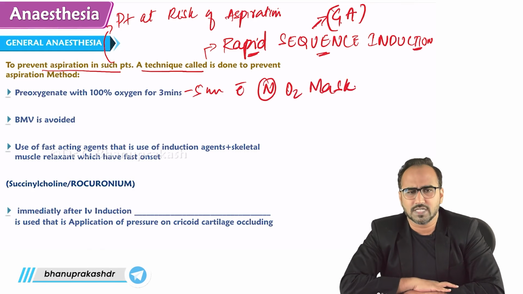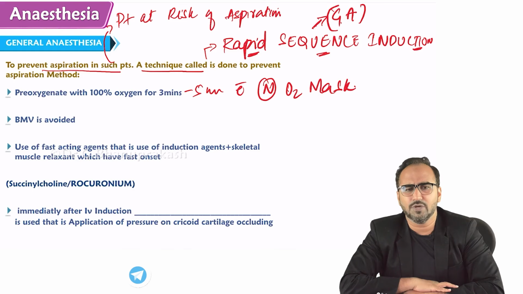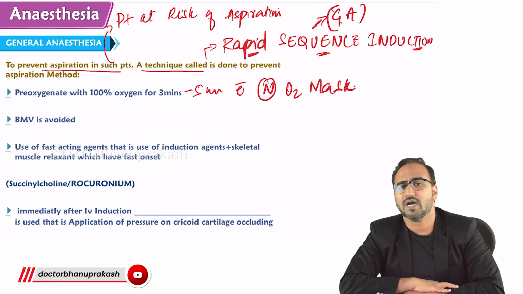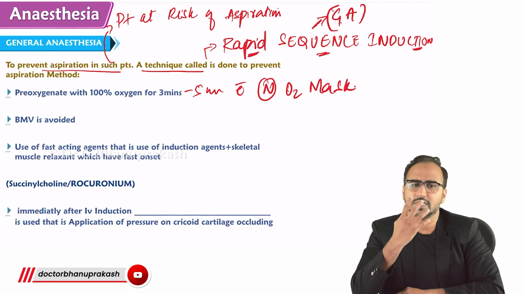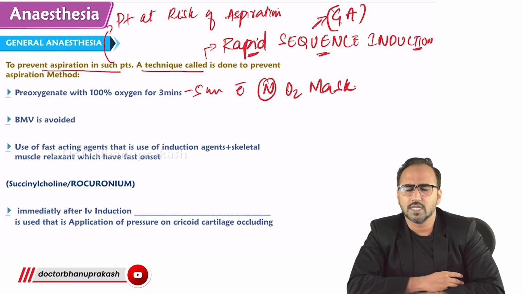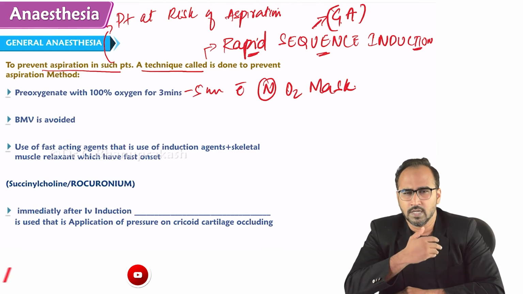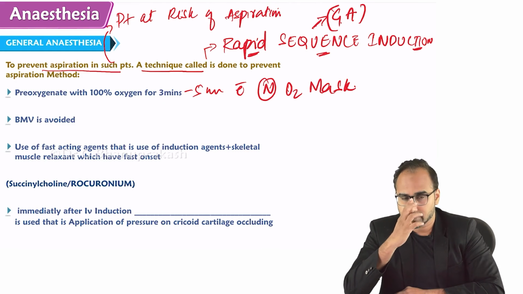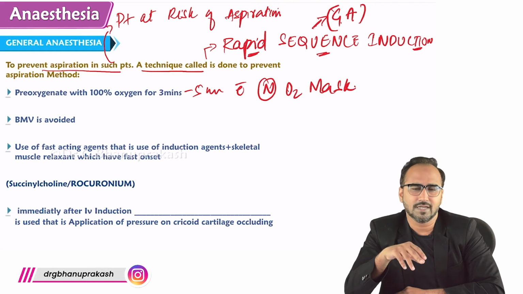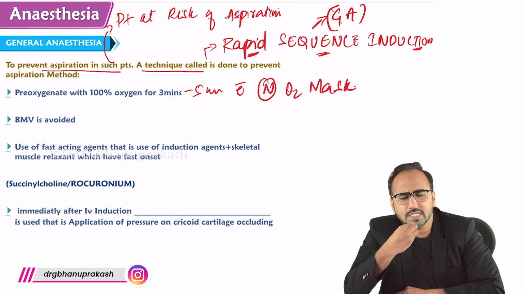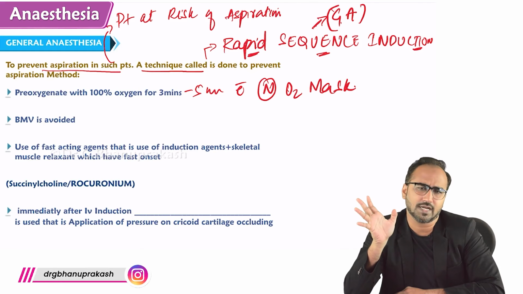Why with a normal oxygen mask? Why can't you go for bag mask ventilation? Because with a normal oxygen mask, when you keep it on the patient's mouth, the patient will inhale the fumes of the oxygen, and the oxygen will slowly and swiftly go to the trachea.